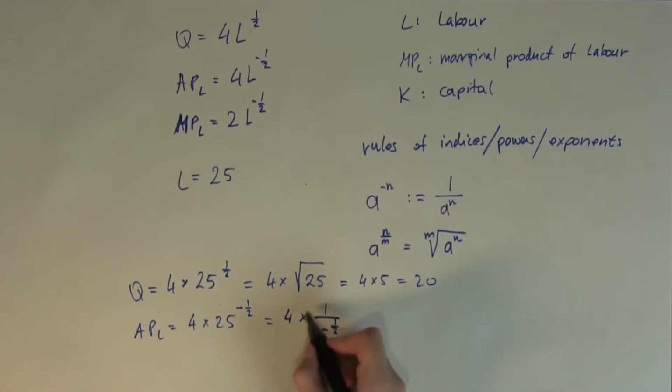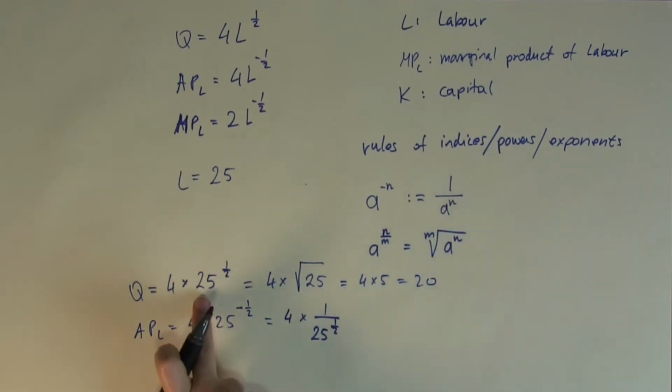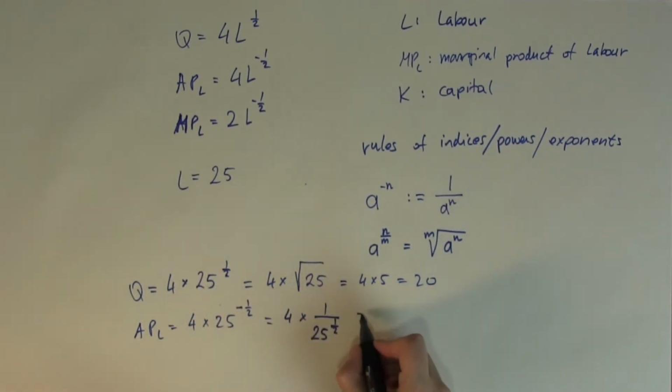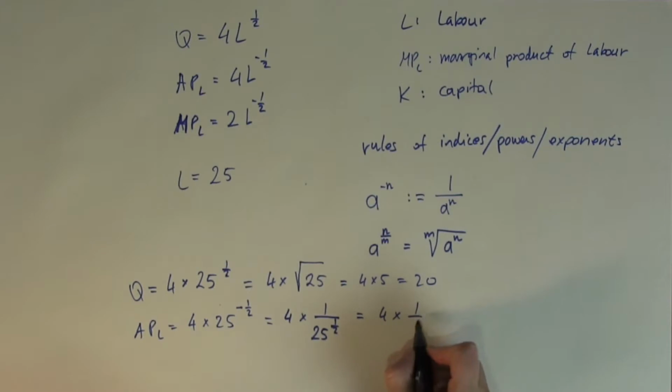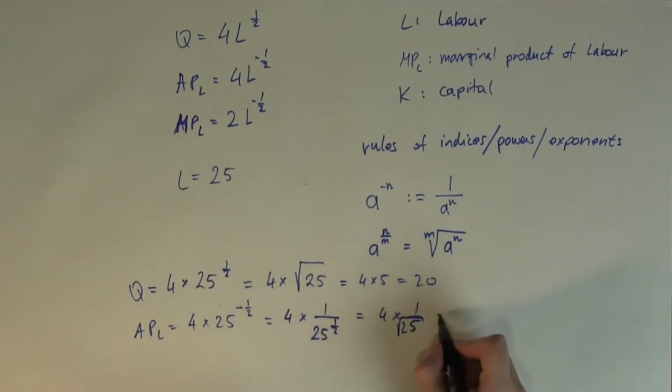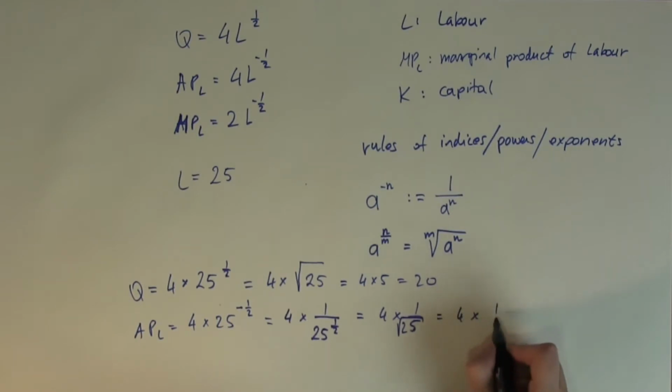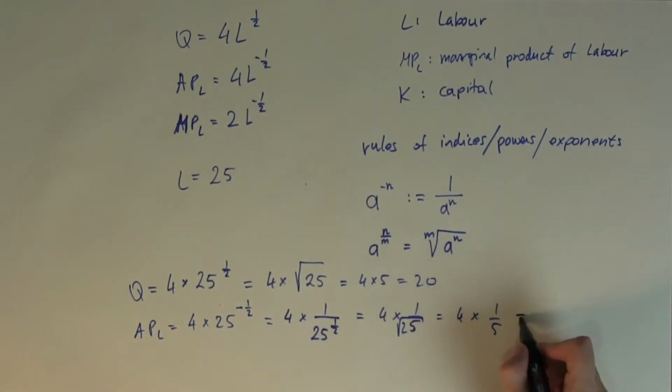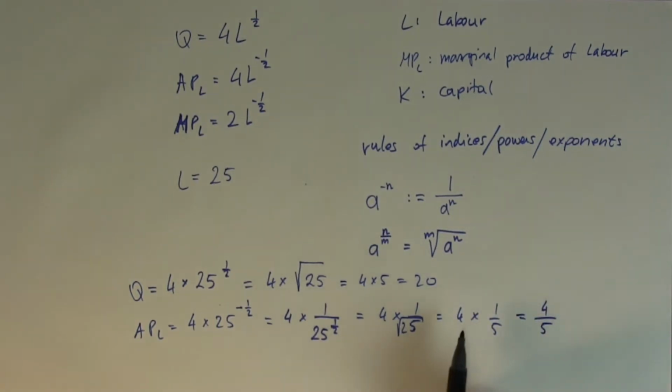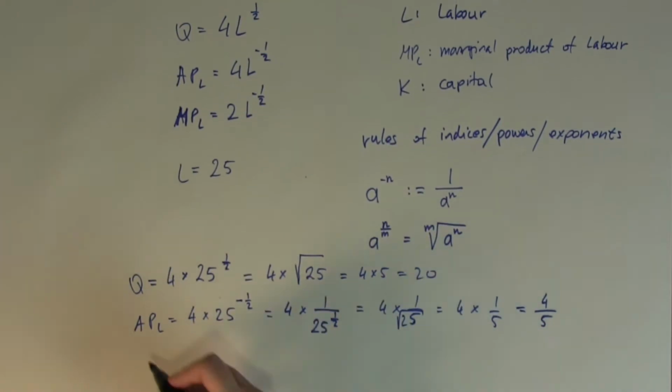And in this particular case, the 25 to the half is exactly the same as above. So this will be 4 times 1 over root of 25. And the root of 25, as we established before, is 5. So 4 times a fifth is simply 4/5, because 4 times 1 gives you 4, and you don't multiply the denominator by the number.